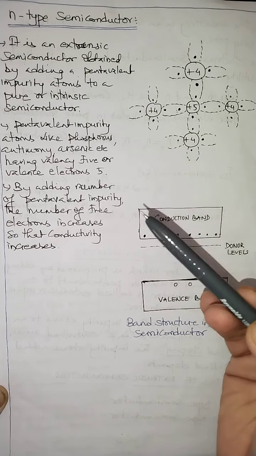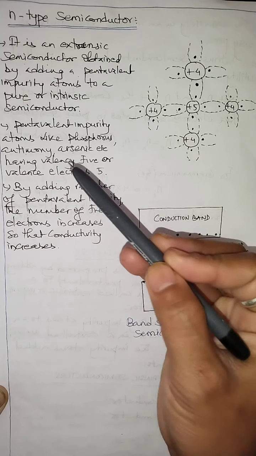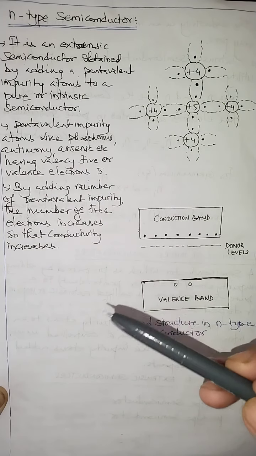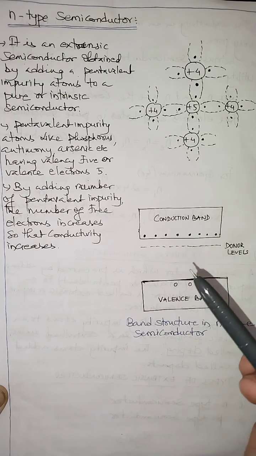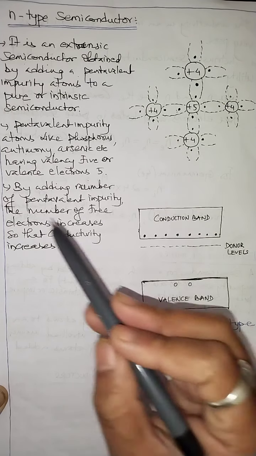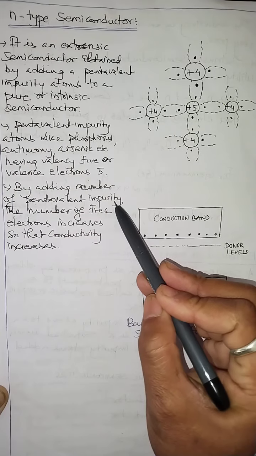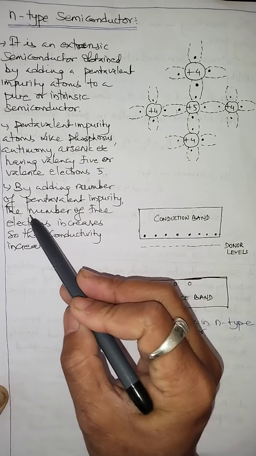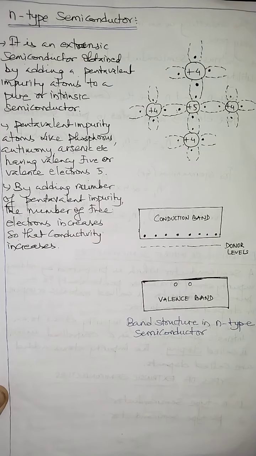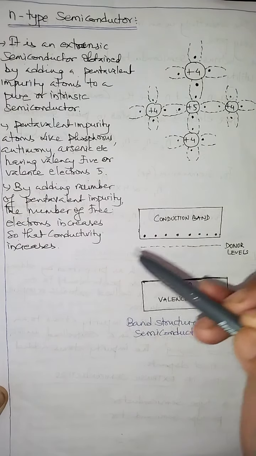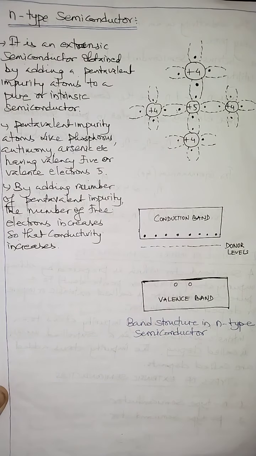But out of 5 valence electrons, 4 of the valence electrons of the pentavalent impurity atom will share with the valence electrons of the pure semiconductor. So by adding pentavalent impurity atoms, the number of free electrons increases, so that the conductivity increases. In order to understand this N-type semiconductor in more detail, let me show you this diagram.